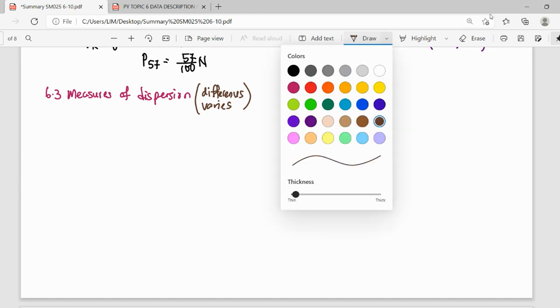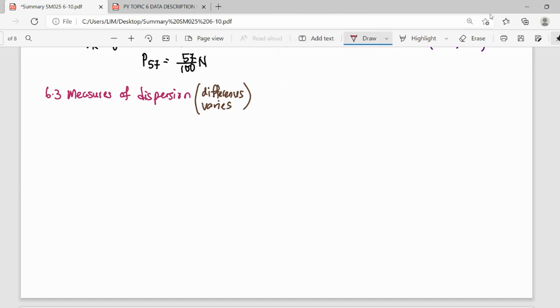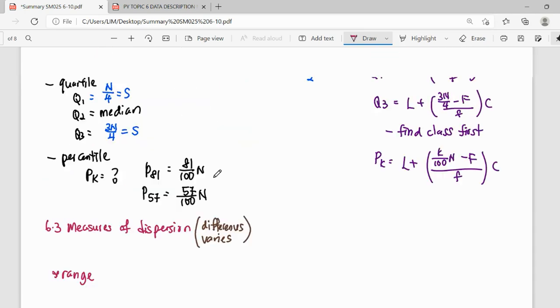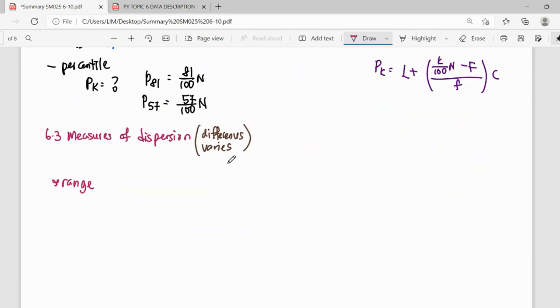Berapakah perbezaan? So, what you learn is, in the quartile range, you learn your range. So range is your SPM part lah, where you learn how to find your range. So for ungrouped data, just the highest minus the lowest.